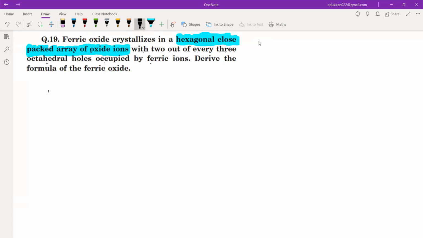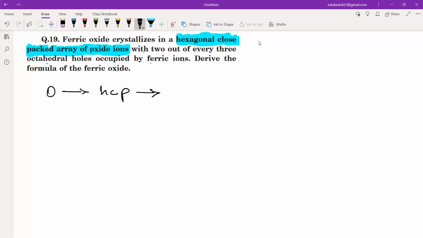That means our oxygen is at HCP. Is that right? Yes or no? Oxide ions are forming HCP. Can all of you see that in the question? Hexagonal close packed array of oxide ions. Can I get a yes or no, please?